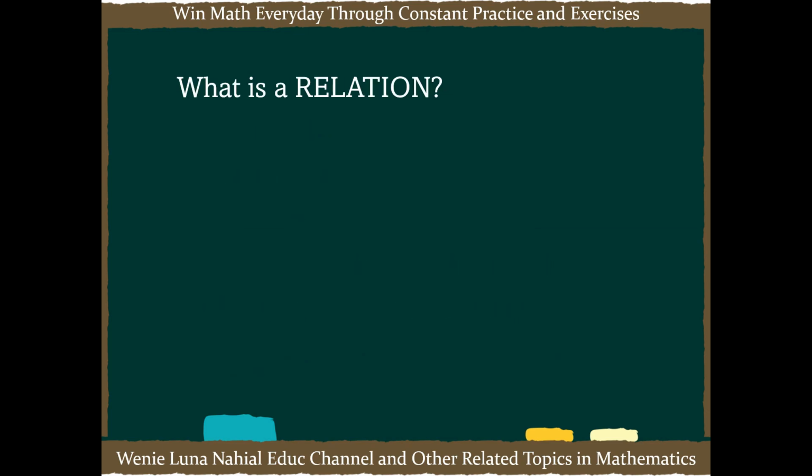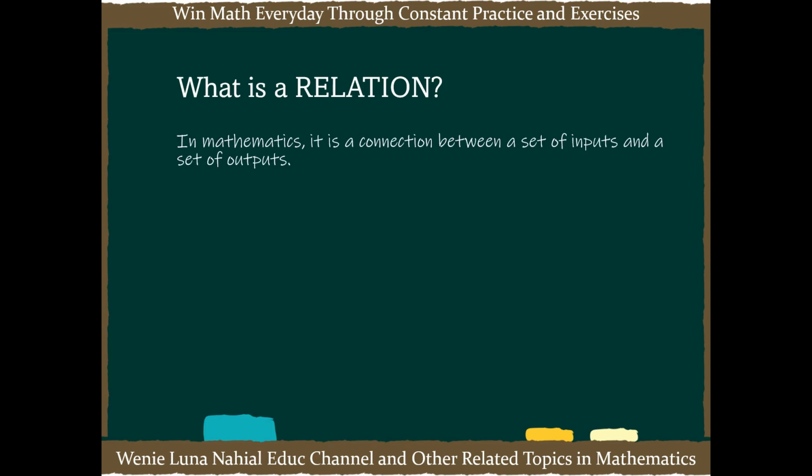Now, we have here the first relevant question. What is a relation? In mathematics, it is a connection between a set of inputs and a set of outputs. So this means from input to an output.